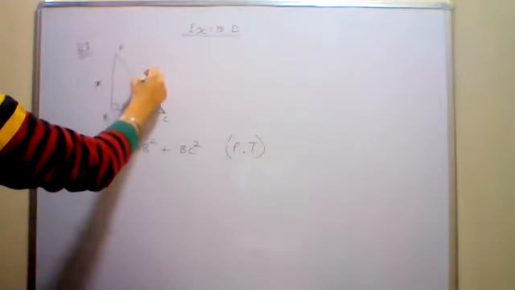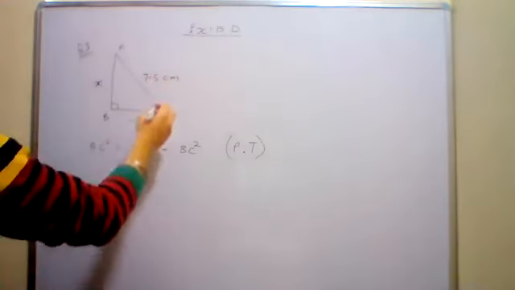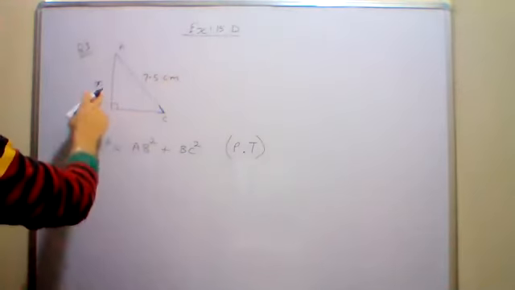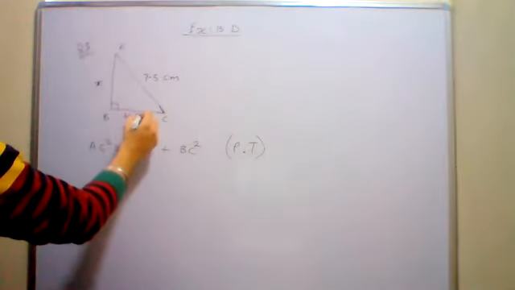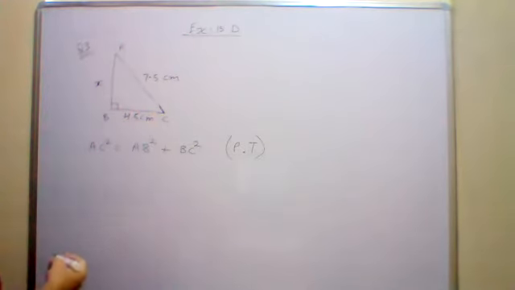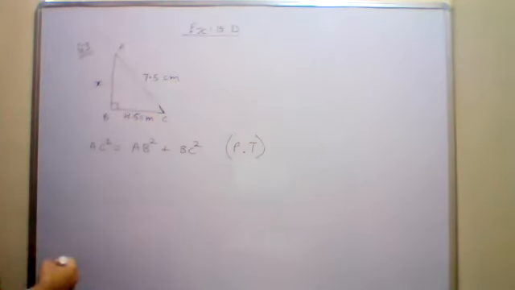Third question: the hypotenuse is 7.5 centimeters, and one of the two other sides is given as 4.5 centimeters.